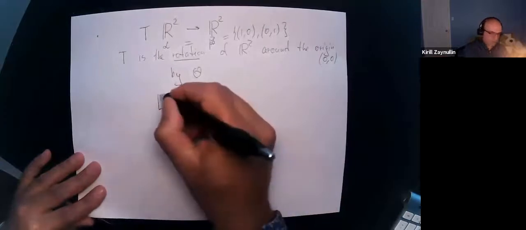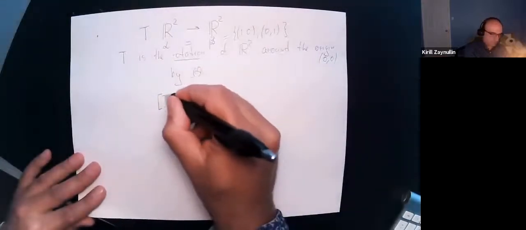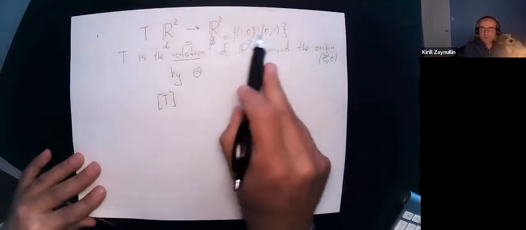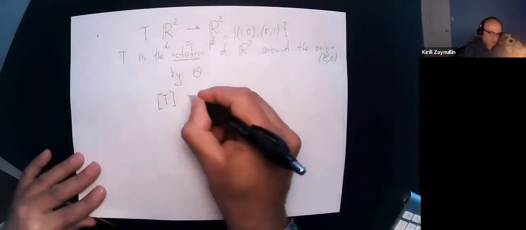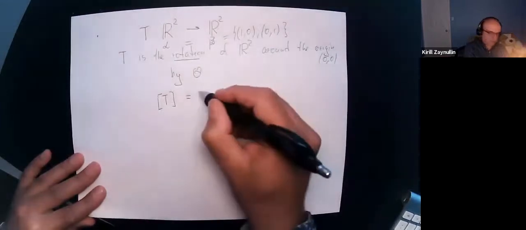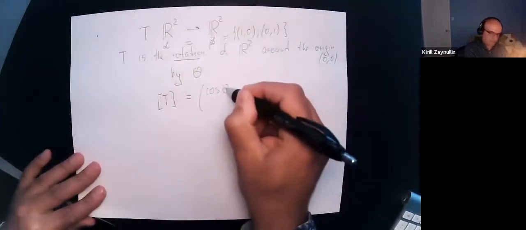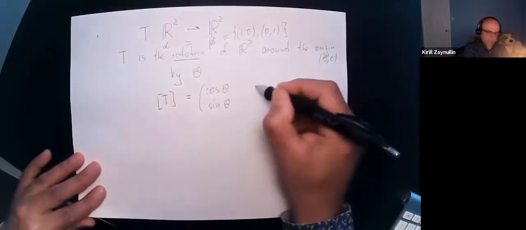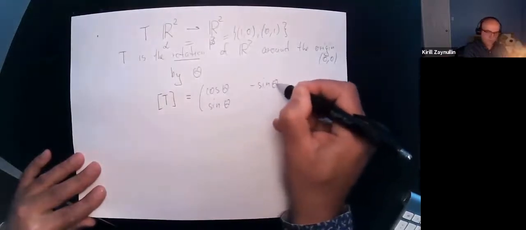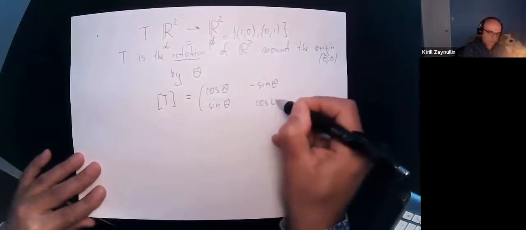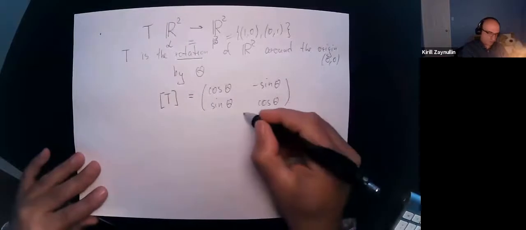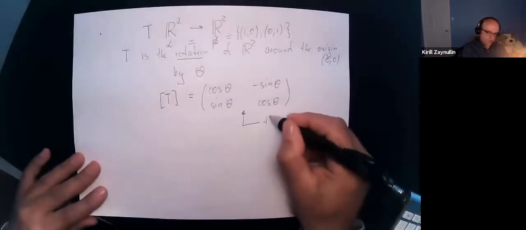I don't write alpha here because it's a standard basis. Then the transformation matrix will be just this one. You can probably recognize it: cosine theta, sine theta, minus sine theta, and cosine theta. Those will be the coefficients. So this is a so-called rotation matrix.